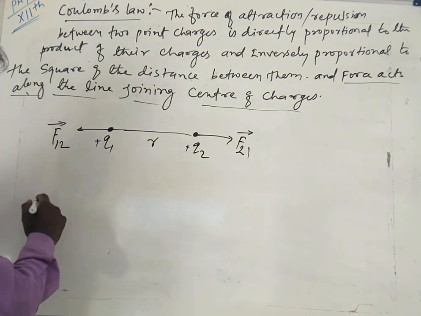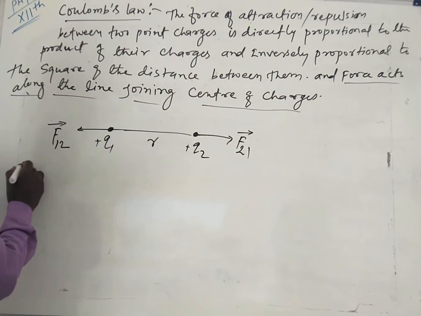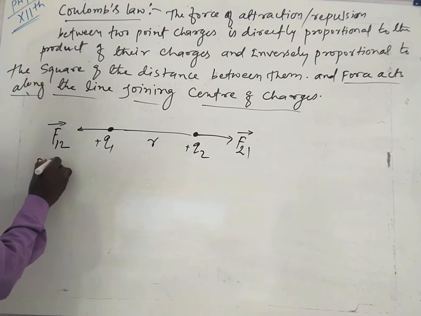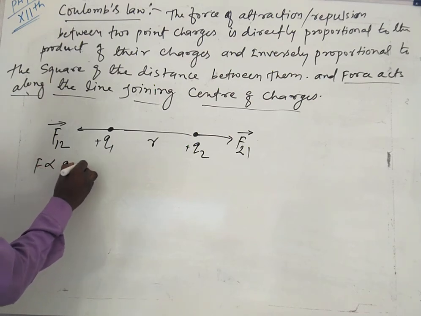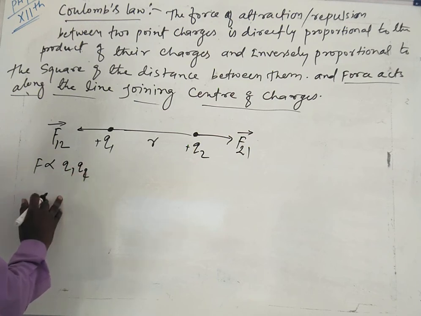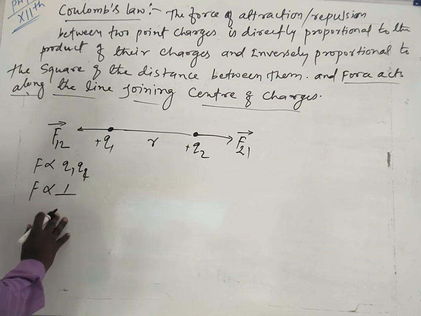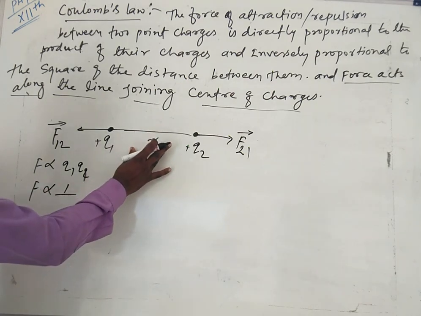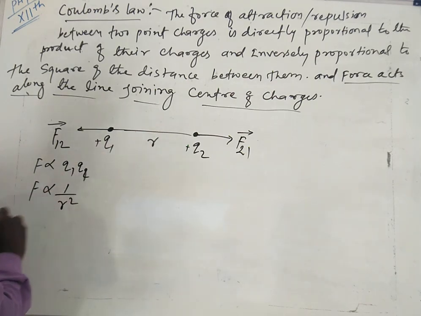Mathematically, force is directly proportional to the product of their charges, that is Q1 and Q2, and force is inversely proportional to the square of the distance, that is r square. Then we have to combine these two equations.